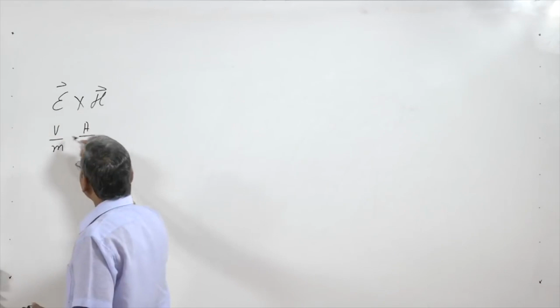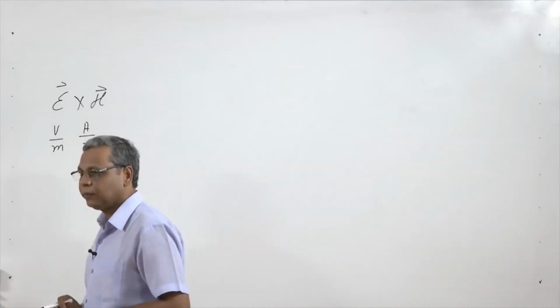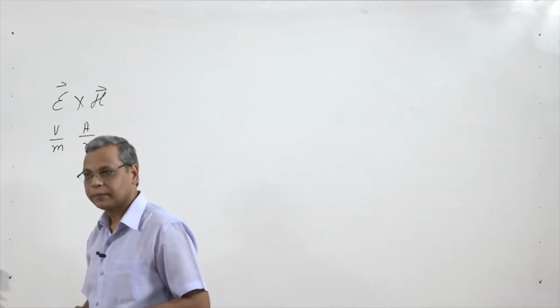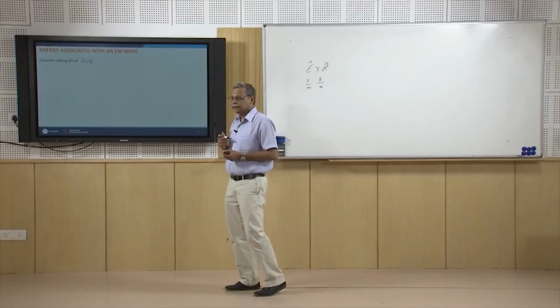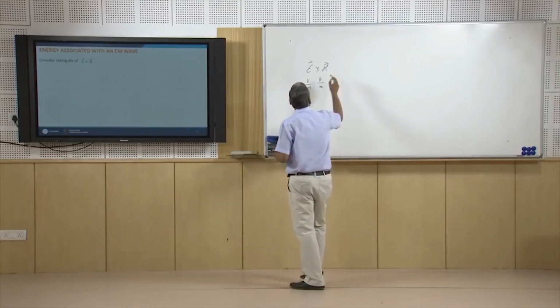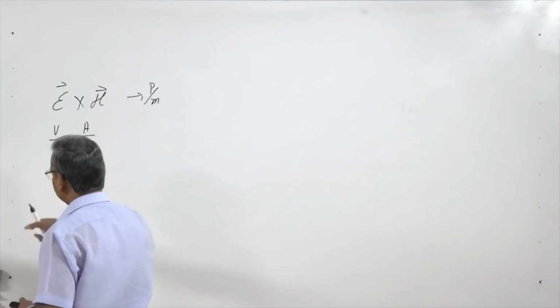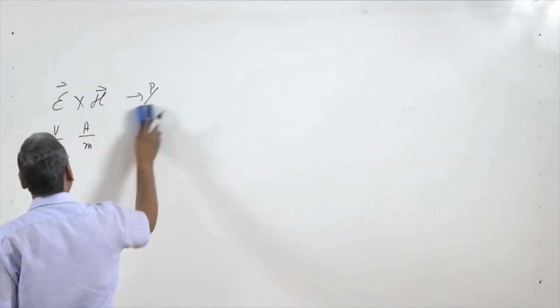So, volts times ampere will give you power. So, it is power per meter square. So, it is kind of intensity. It has the units of power per unit area.